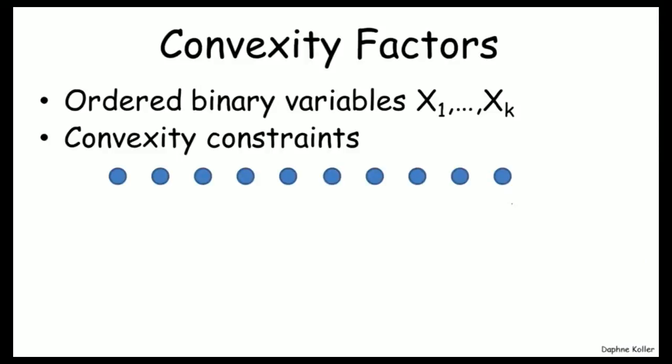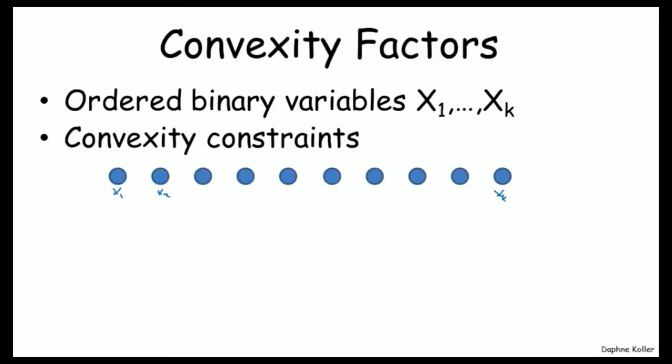A different factor that has tractable properties is a convexity factor. Here we have binaries x1 up to xk that are denoted by these blue dots over here, but now they're ordered. So this is x1, x2, and xk.